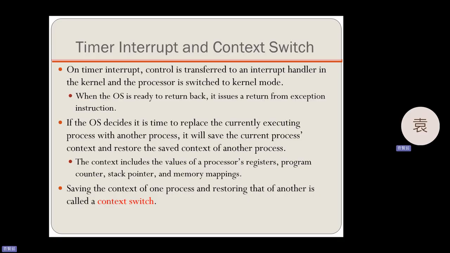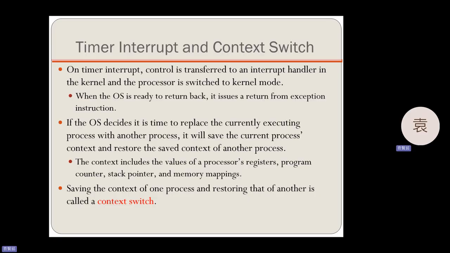The context usually includes the processor's relevant registers, program counters, stack pointers, and memory mapping information. So saving one process's context and restoring the context of another one is what we call a context switch.